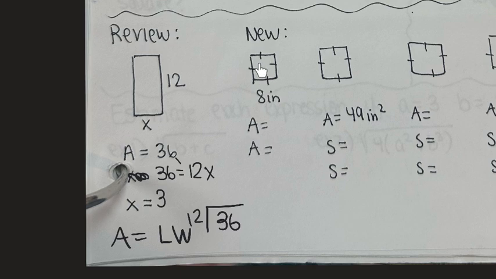This is, well, I was going to say this is not a rectangle, but it is a rectangle, but it's a special rectangle called a square. And there's not going to be any working backwards really on this square. If one side is 8, the formula says length times width, or side times side, or side squared.